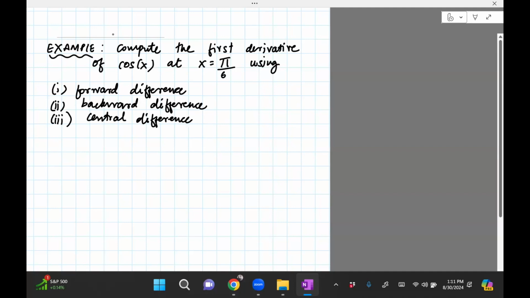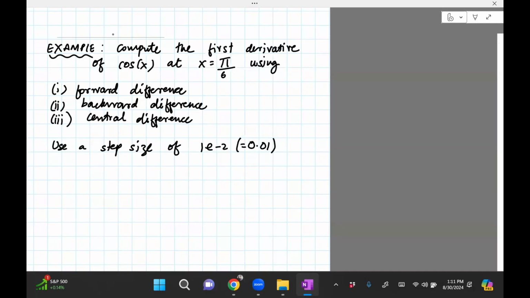But there's one thing we need to also specify: the step size, the delta x. So use a step size of 1e negative 2, which actually means it's 0.01.